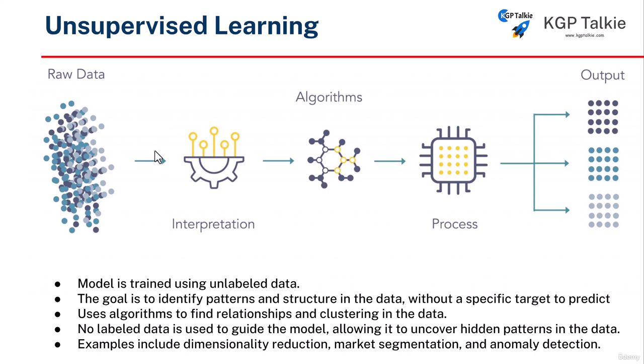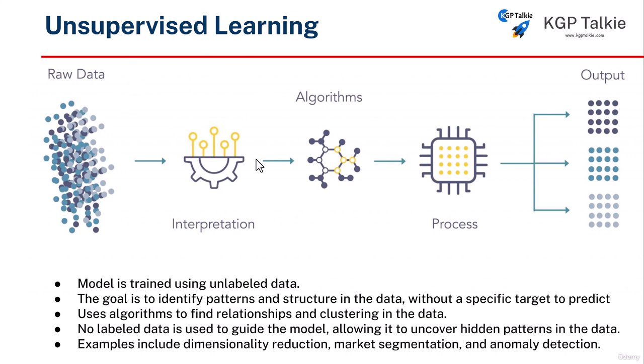So this model is trained using unlabeled data. The goal is again to identify the patterns and the structure in the data without specifying the target output, because in unsupervised learning we don't know how many clusters there are or what the patterns are. No labeled data is used to guide the model, allowing it to uncover hidden patterns in the data.